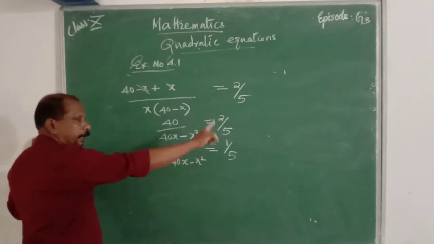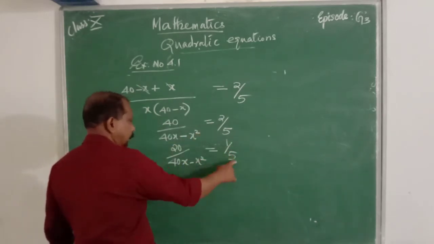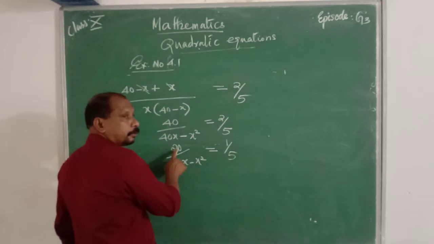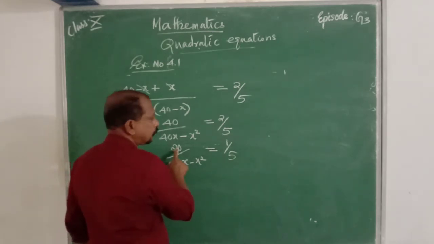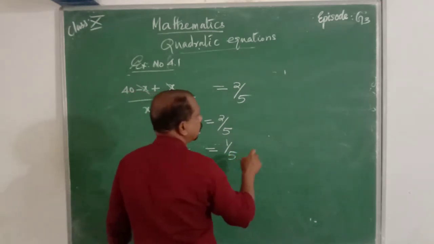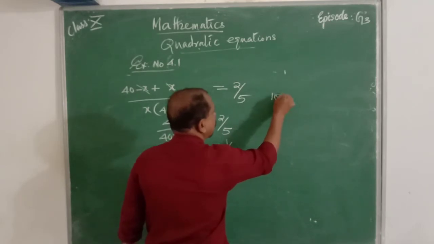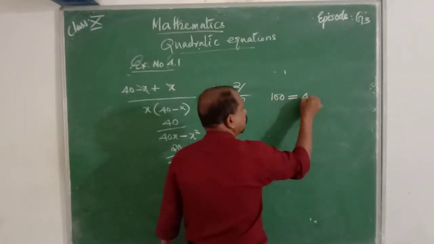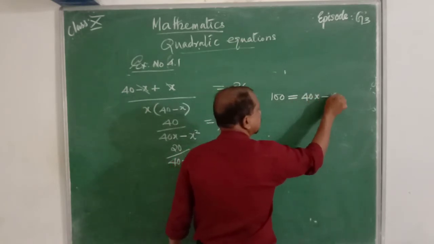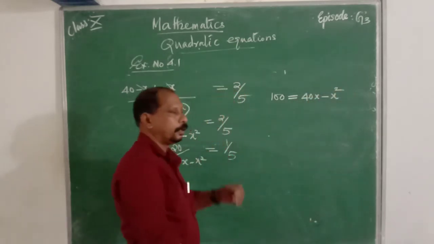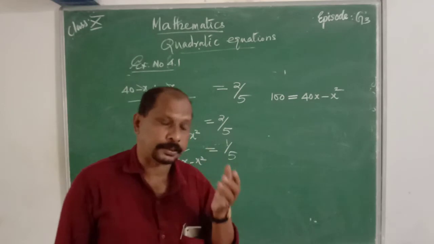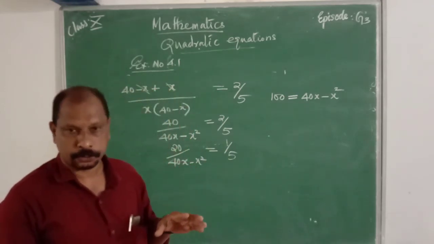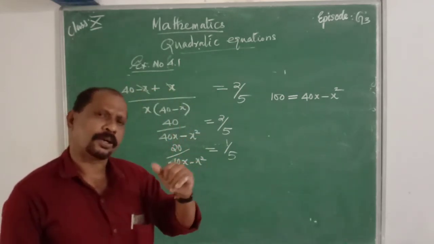Cross multiplication, we get 20 into 5, that is 100, is equal to 1 into this term, that is 40x minus x square. Always in the quadratic equation, that is ax square plus bx plus c is equal to 0, a is a constant.